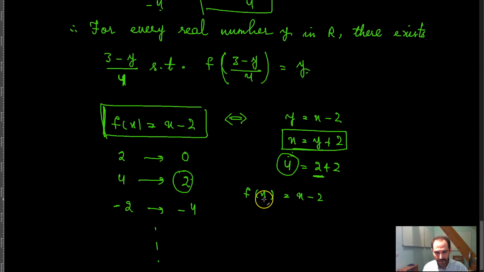Now if I write the same function in terms of its inverse, meaning that instead of x I put a y plus 2 over here, f of y plus 2 is equal to x, which is y plus 2, and I have a negative 2 over here, and you can see that f of y plus 2 gives me a y, right?